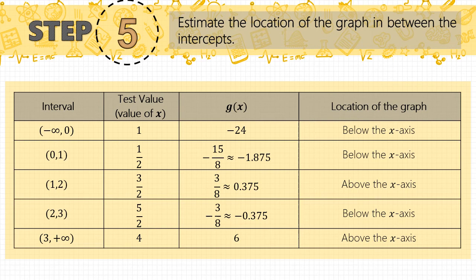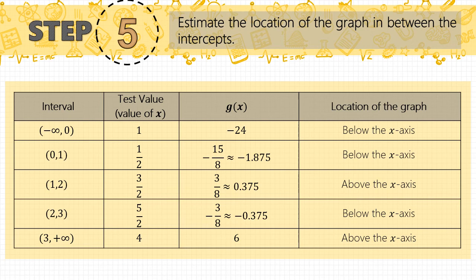up with the values of g of x, or y, which are negative 24, negative 1.875, 0.375, negative 0.375, and 6.